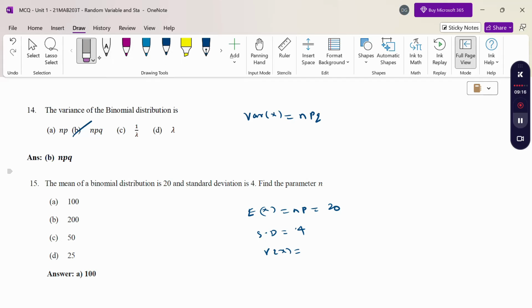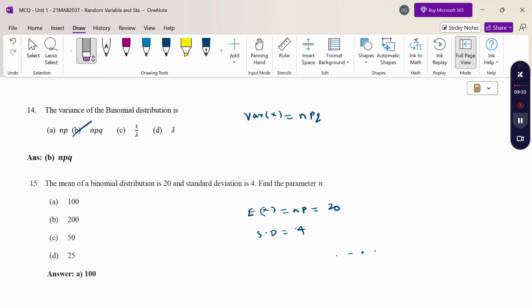Standard deviation is the square root of variance.